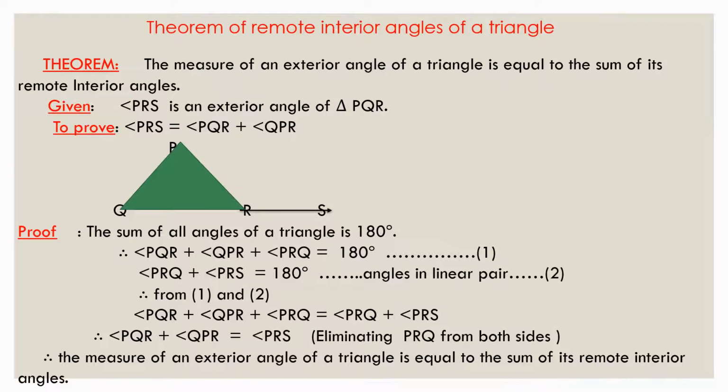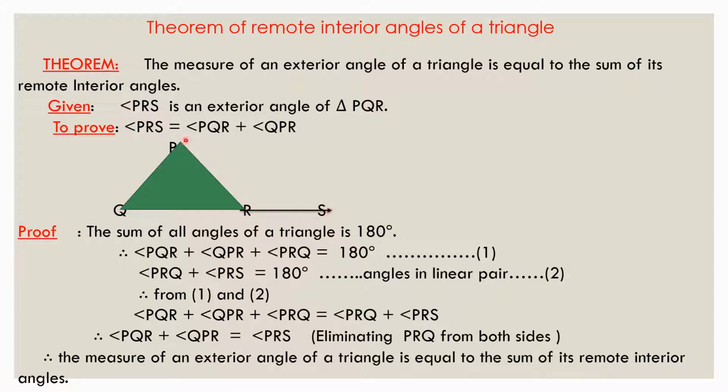And next is the theorem of remote interior angles of a triangle. Then the theorem, the statement: the measure of an exterior angle of a triangle is equal to the sum of its remote interior angles. First you have to draw the figure, the triangle PQR, and draw the angle PRS as an exterior angle of the triangle.